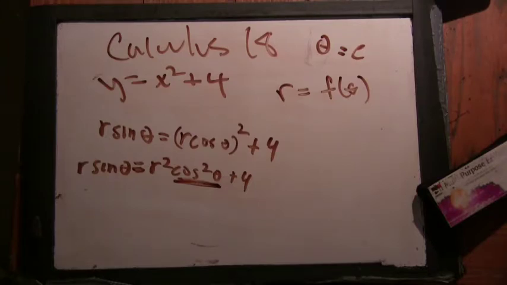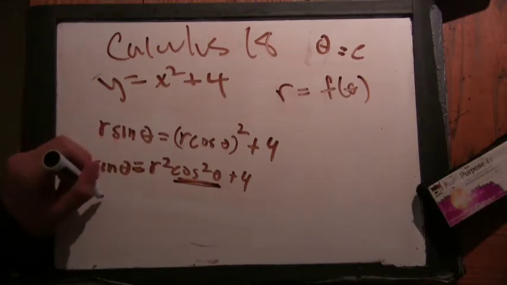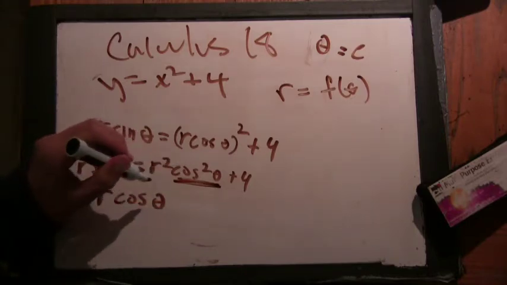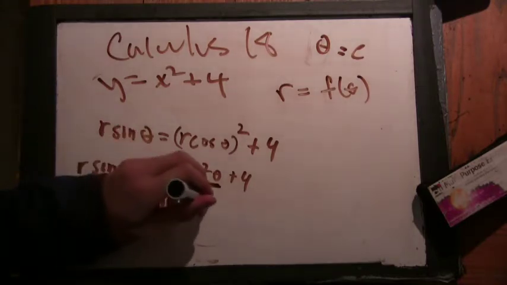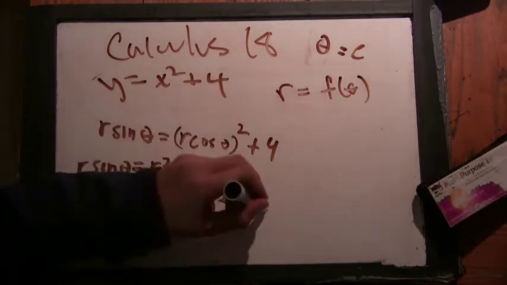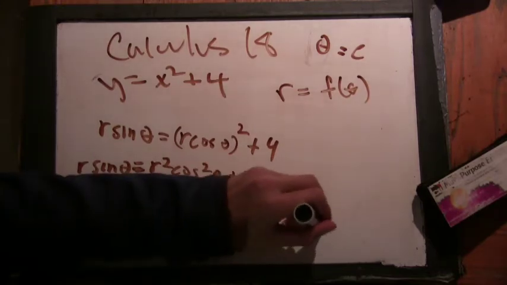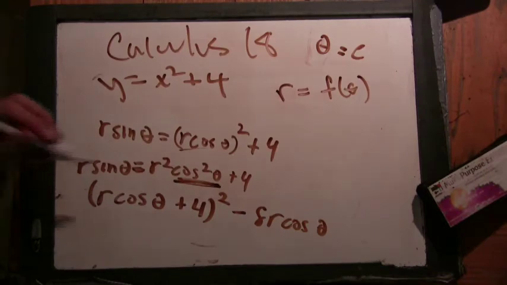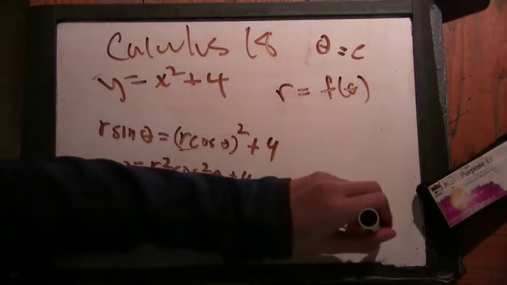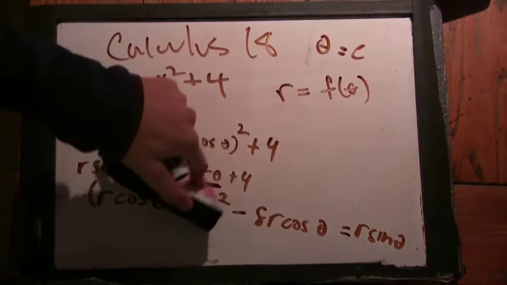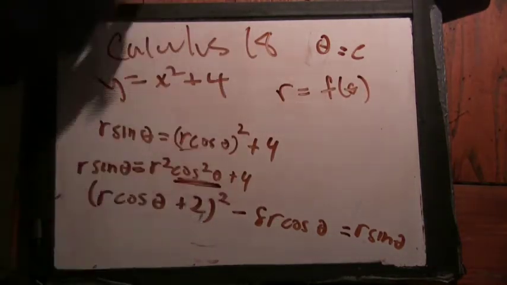So we get r cosine theta plus 4 squared, and then minus 8r cosine theta on this side, and it equals r sine theta. Actually, it's plus 2 and then minus 4.